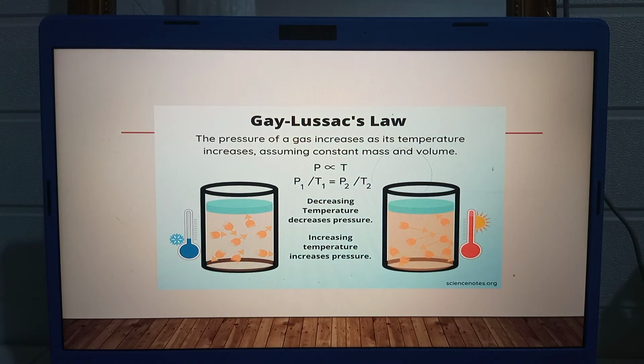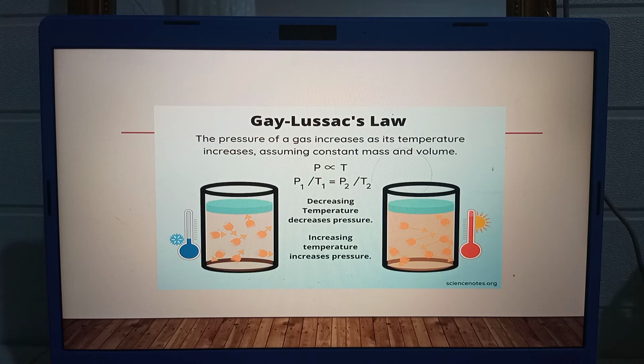And Gay-Lussac's law. The pressure of a gas increases as its temperature increases, assuming constant mass and volume. Pressure 1 divided by temperature 1 is equal to pressure 2 over temperature 2.